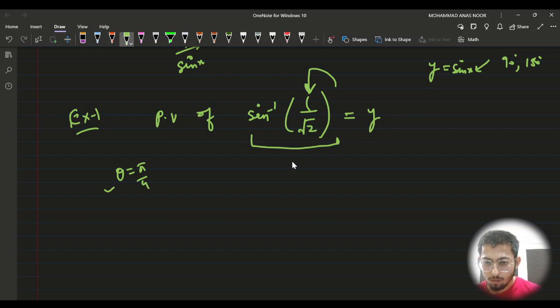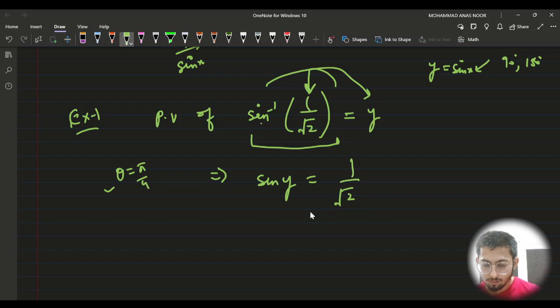And then, as I have already told you in the physics lecture, if there is a sine inverse here and it goes there, it becomes sine y equal to 1 by root 2. This is the same thing as this, isn't it?